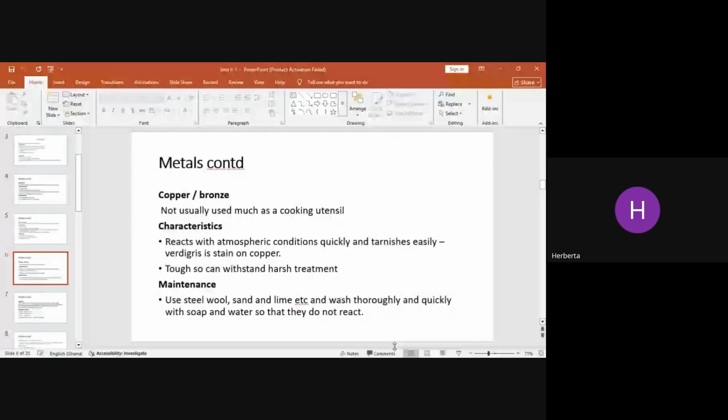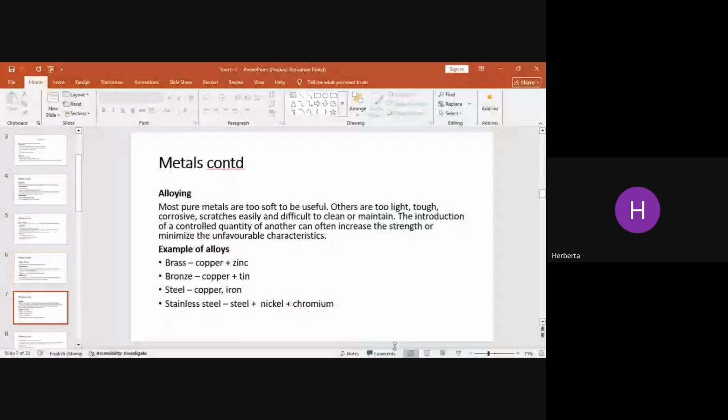So you don't clean with the lime or the steel wool and leave it there. The stain will still be on it. As you are cleaning, you use a lubricant, which is either a detergent or soap, so that it washes away the stains to keep it shiny.